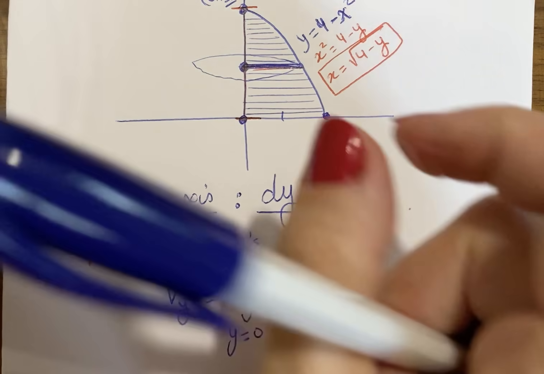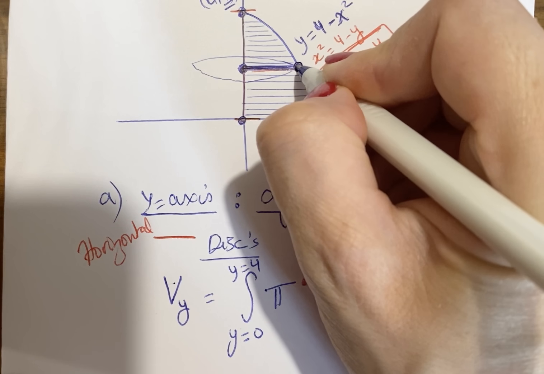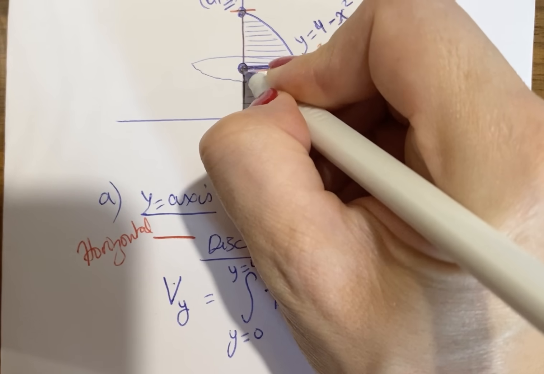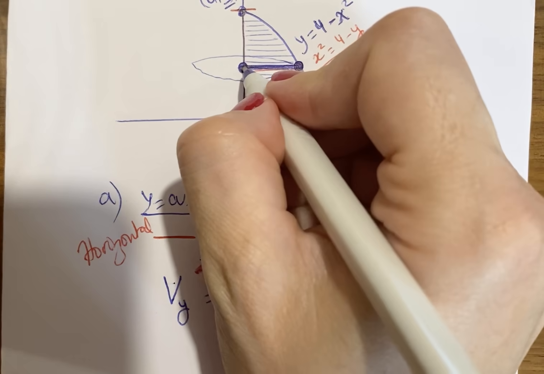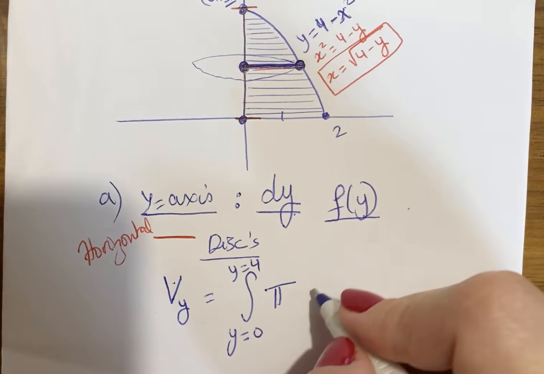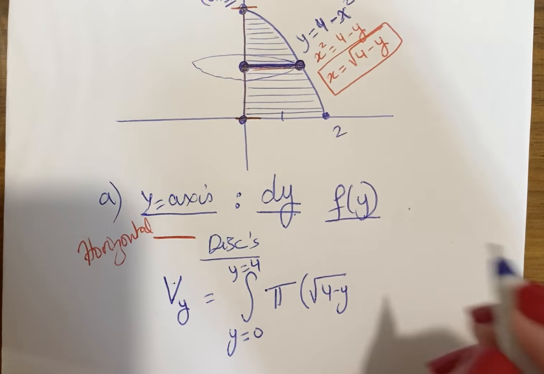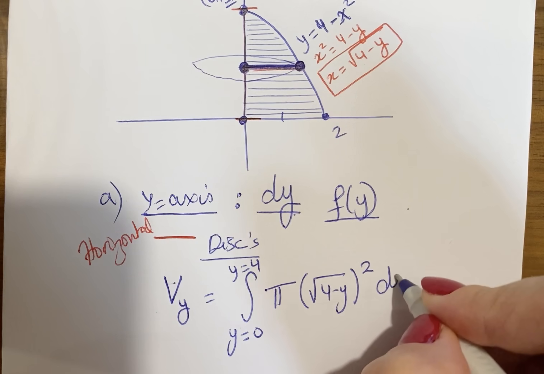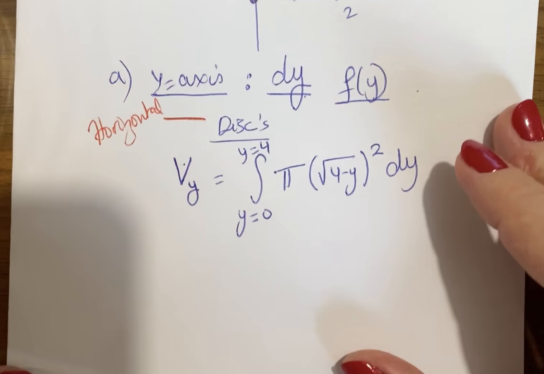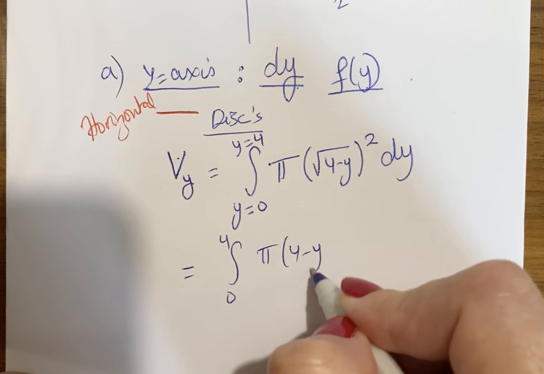It's pi. How much is this radius? It is the x value here minus the x value here. This distance. How much is this? This is root 4 minus y minus 0, since we are on the y-axis, squared dy. And when you square, of course, it becomes 4 minus y.